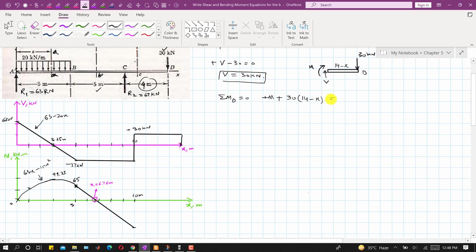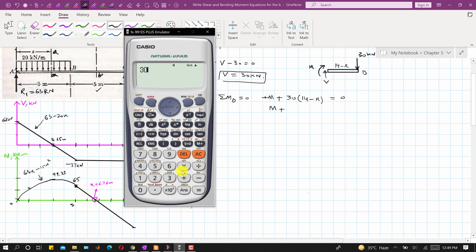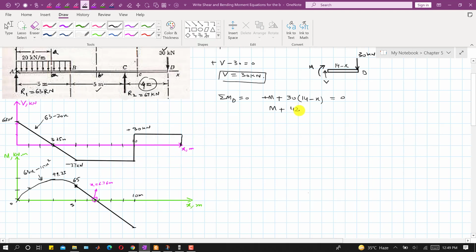So this is equal to 0. We can say that this is plus 30 into 14, this is 420, minus 30x, and this is equal to 0.